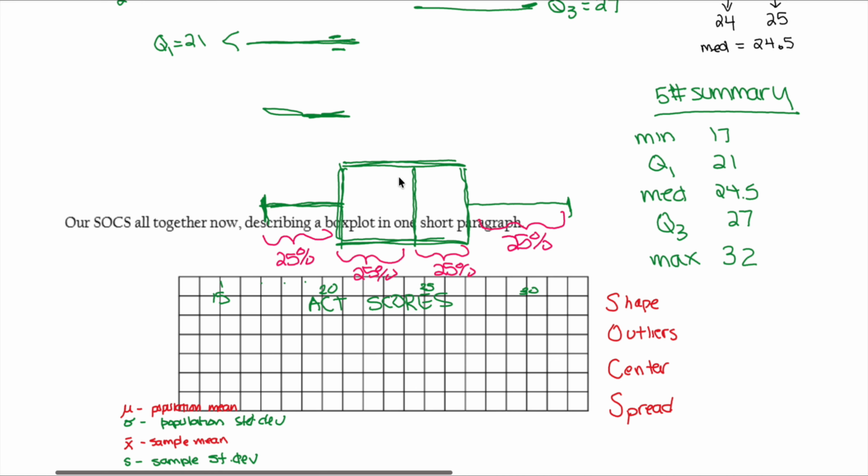The median is typically in the middle, or sometimes it's not directly in the middle, but it's always the line that is in the box. And this is Q1, this will be Q3.